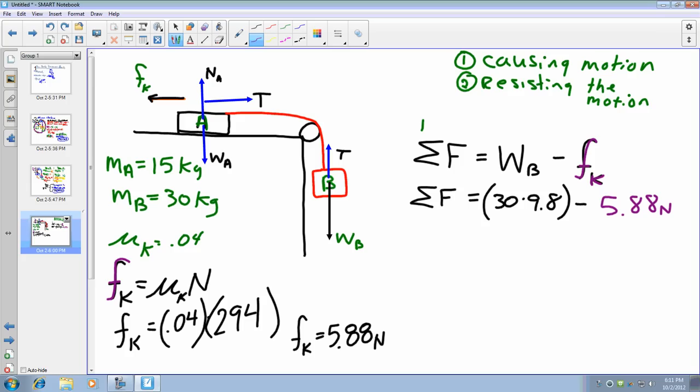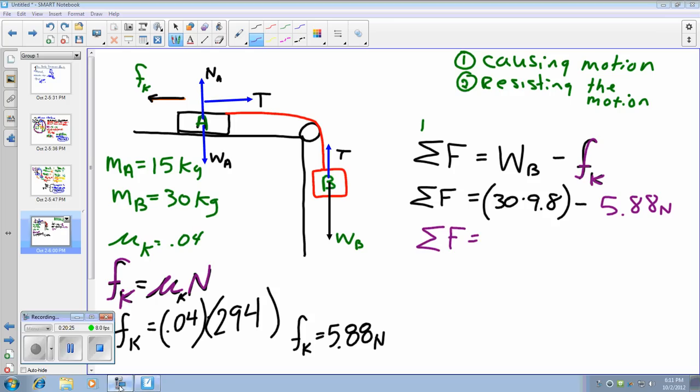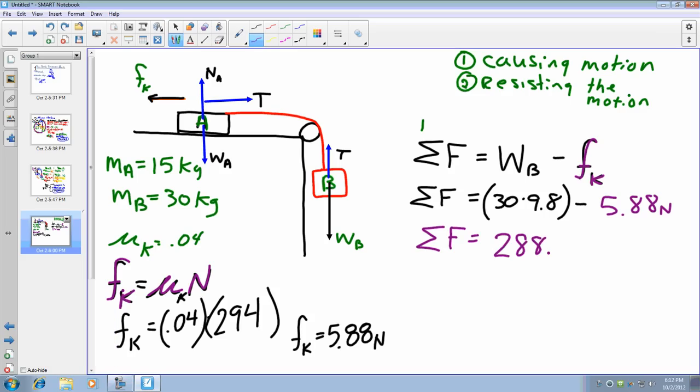To find the force of friction, we multiply the coefficient of friction by the normal value. So we find that the sum of all the forces, when I subtract those, is going to be 288.12 newtons.